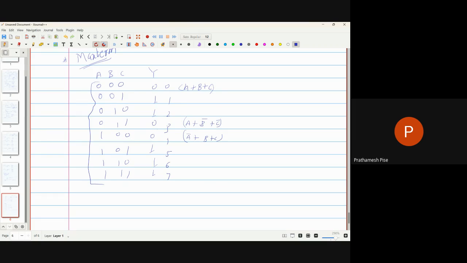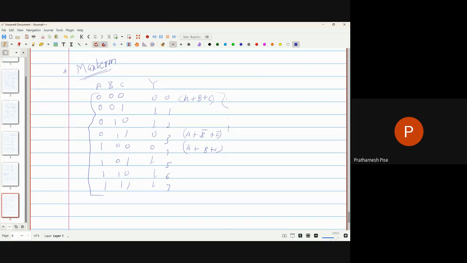We want to ensure that if any one of these is 0, the whole equation should be 0, which is the exact definition of AND gate. And therefore, we multiply these three terms, and this multiplication will create product of sum, because these are sums and we are doing product of it. Why are we doing sum?